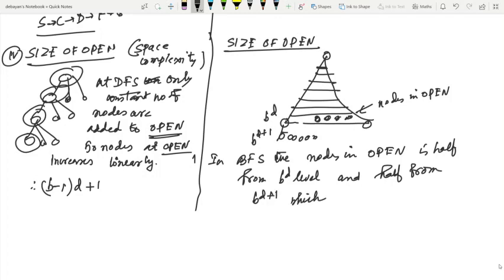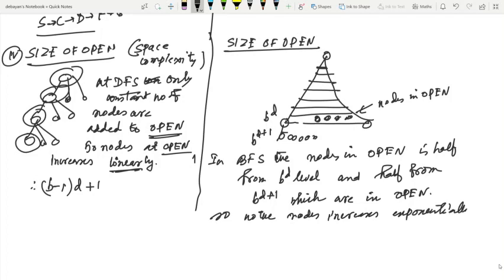So at each level the number of nodes increases exponentially with the branching factor, whereas in DFS it increases linearly. Here the number of nodes increases exponentially with the branching factor.